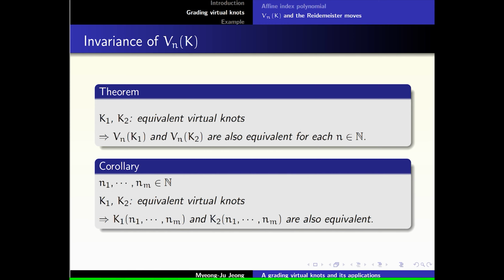By repeatedly applying this result to virtual knots K1 and K2, we can get this corollary, saying that if n1 and n2 are natural numbers and K1 and K2 are equivalent, then these two virtual knots are also equivalent.